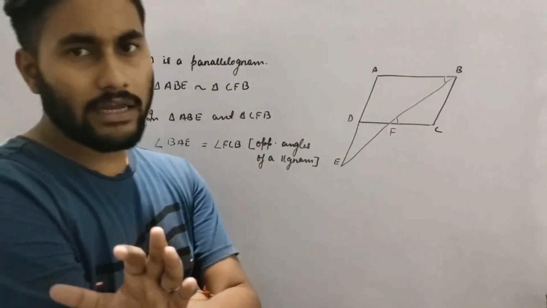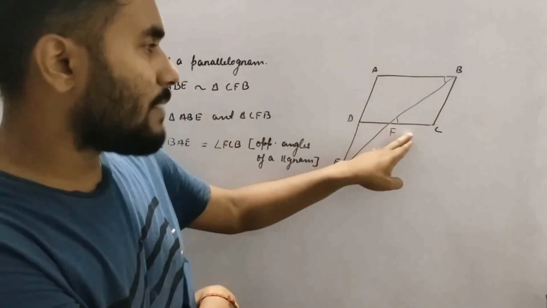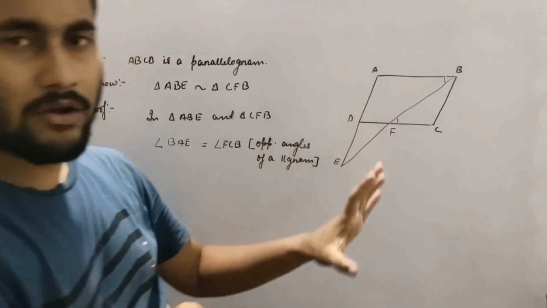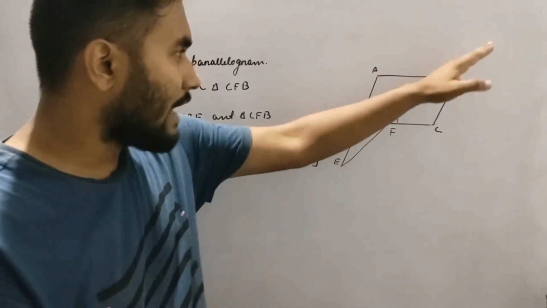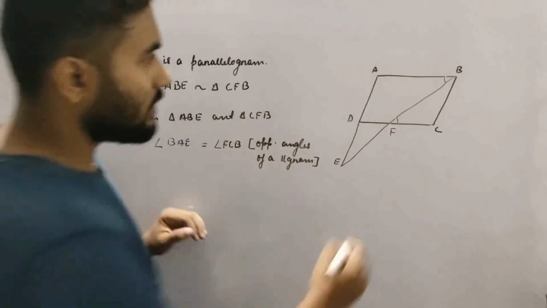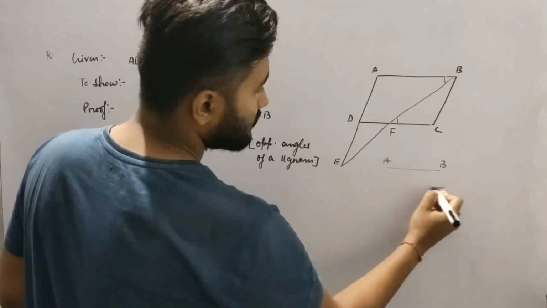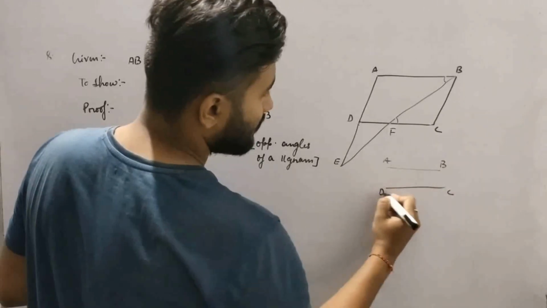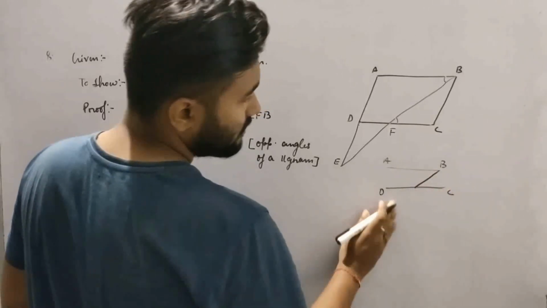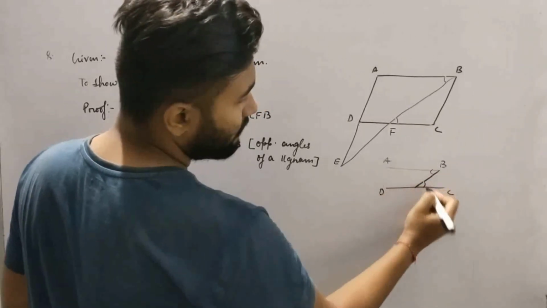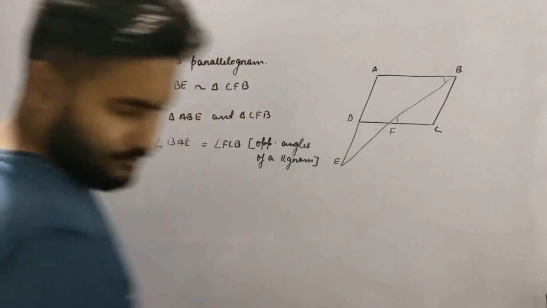It looks like alternate angles. And we know that since it is a parallelogram, AB is parallel to CD. In a parallelogram, opposite sides are parallel. We know that one, right? So if AB is parallel to CD and this is a transversal, just think till this much, this angle will be equal to this angle. Alternate angles. So we have the reason, right?